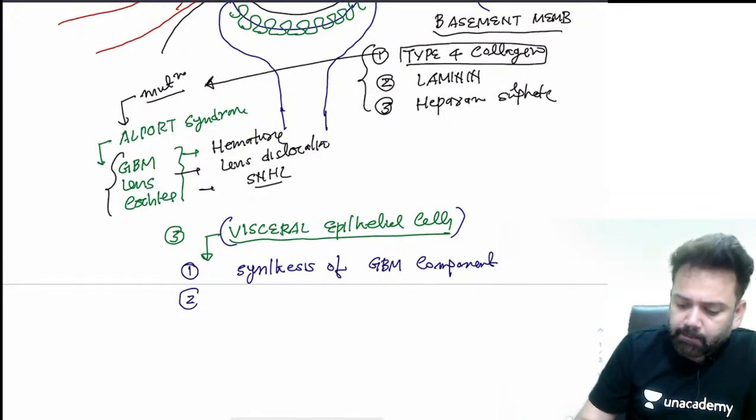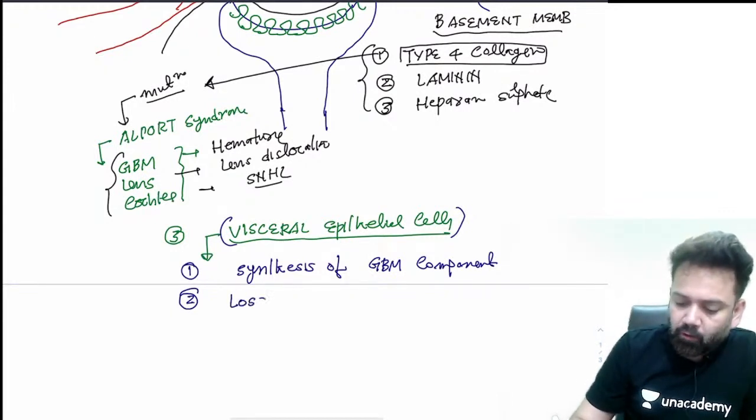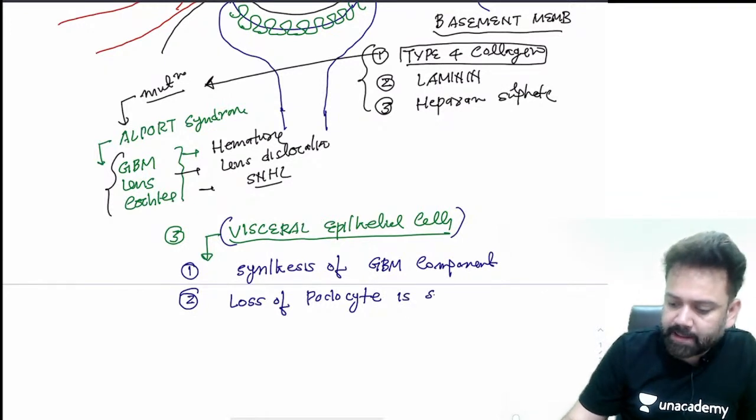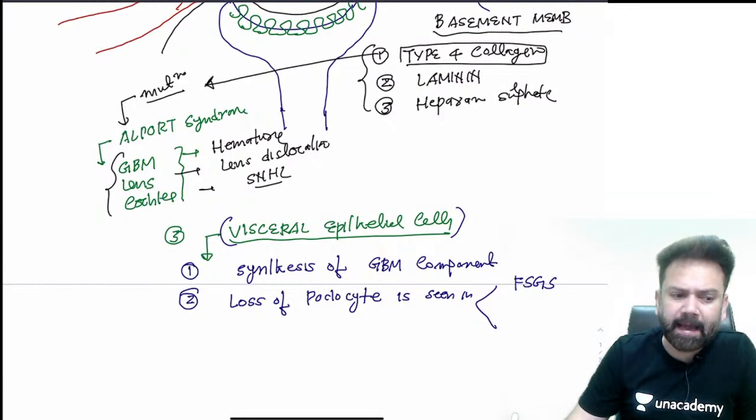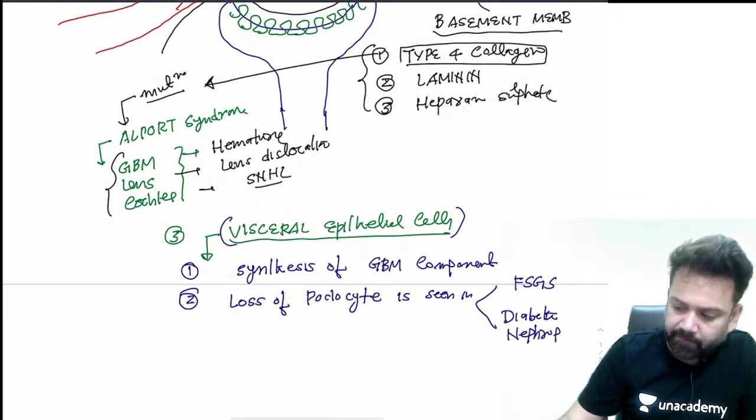And number 2 point to be remembered here is loss of podocyte. What are the diseases in which loss of podocyte is seen very frequently? Loss of podocytes is seen in number 1, focal segmental glomerulosclerosis, and diabetic nephropathy. Very good.